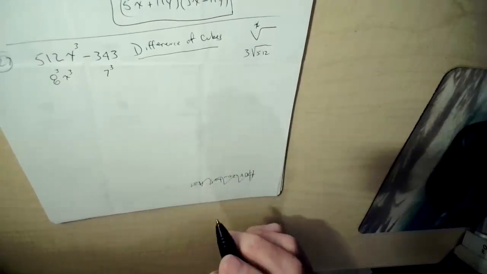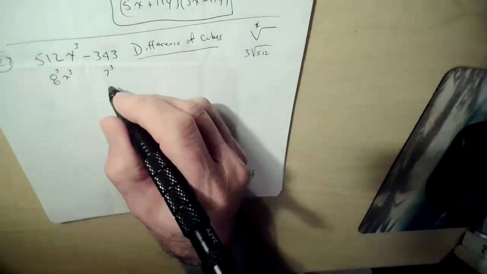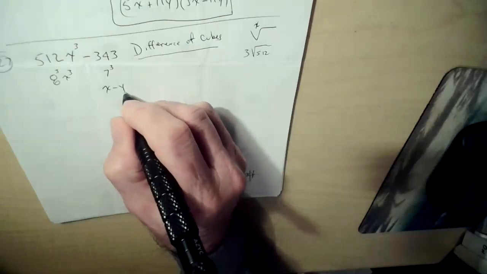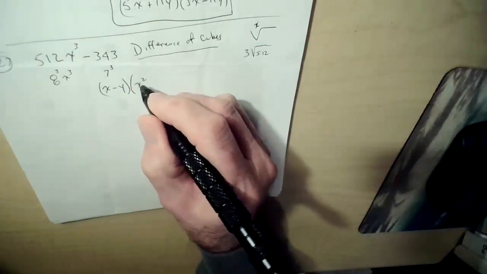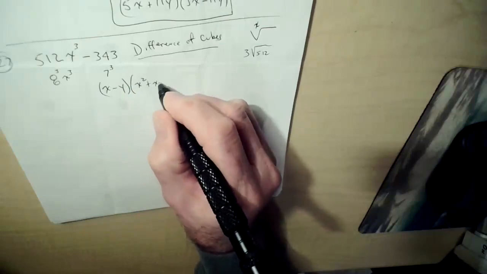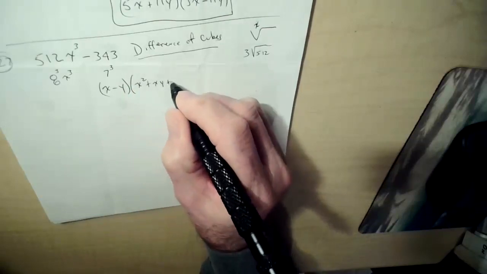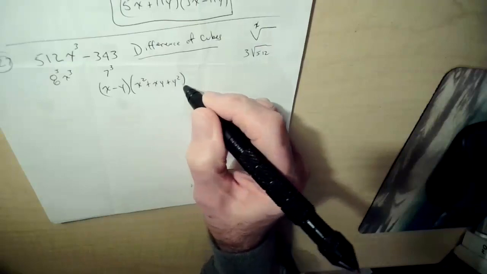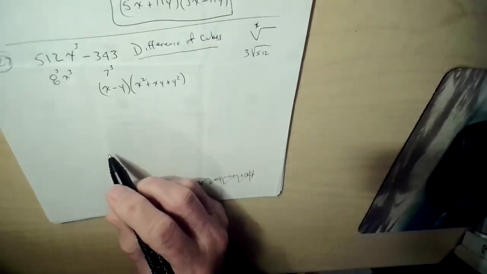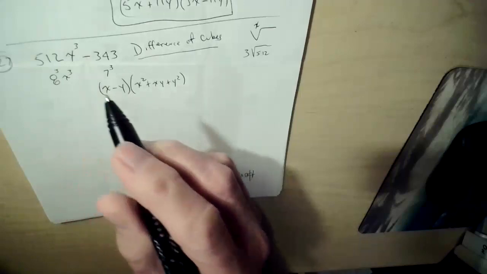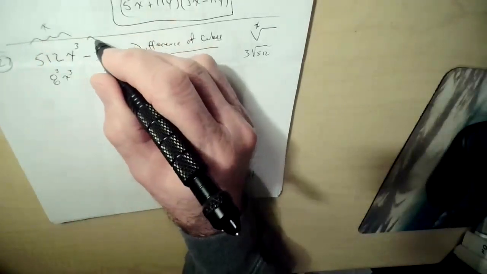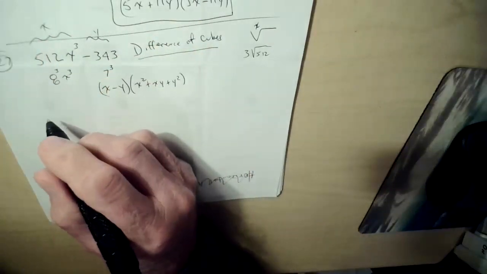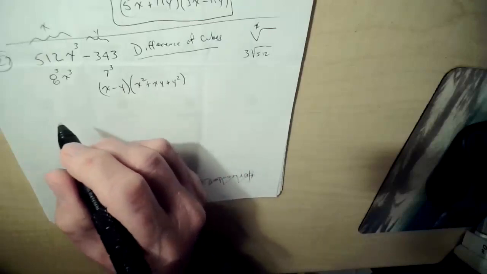Okay, so remember the formula for this is x minus y times x squared plus xy plus y squared. Our x here is going to be this, and this is going to be our y.